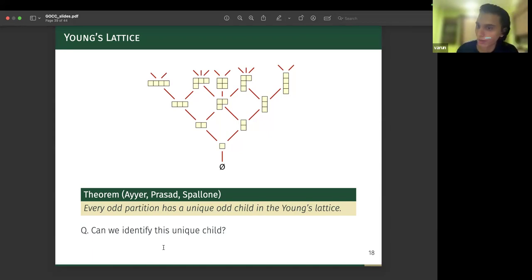So the thing that jumped out to me is that it looked like you were determining whether or not a partition was odd by coming up with a special filling. I'm guessing, I don't know if I quite got all the details, but essentially you had some kind of involution that fixed exactly one filling.